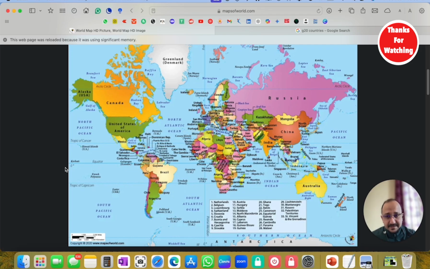Now, guys, in this map, there is a line going over here. This line is the center of the world, called the equator. You might have read about it in your school days. But why I'm telling you this financially: wherever the equator passes, these countries have the highest amount of natural resources, natural vegetation, and green forests.